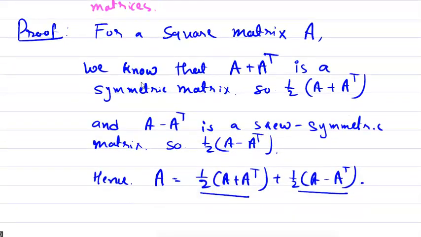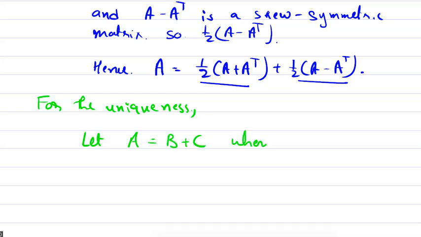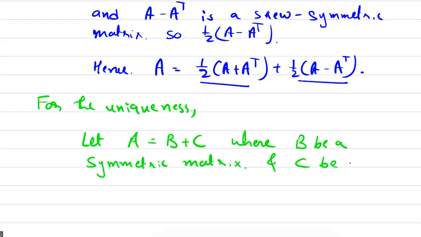So for the uniqueness part, let A be B plus C, where B is a symmetric matrix and C is a skew-symmetric matrix.